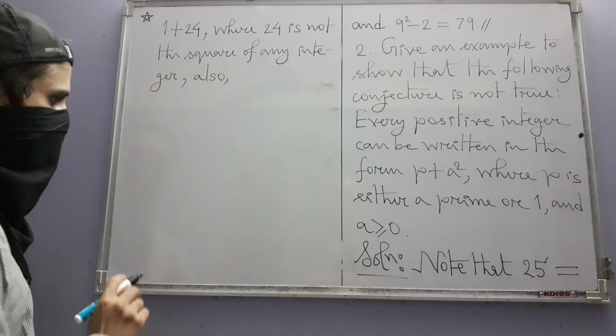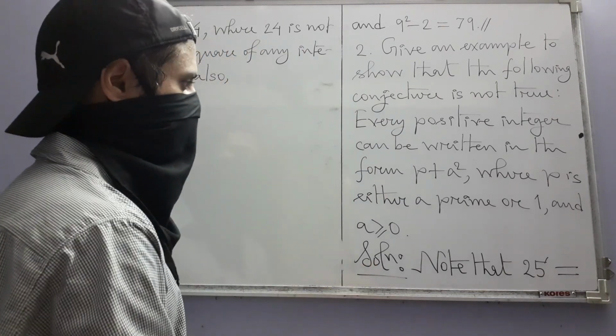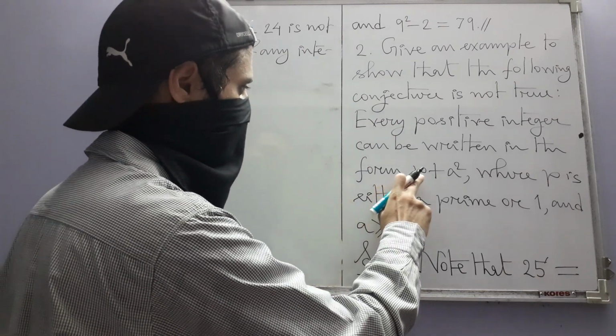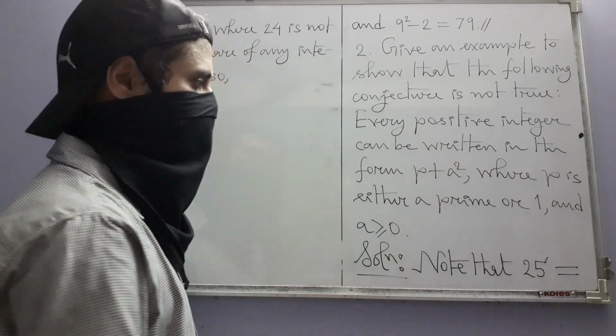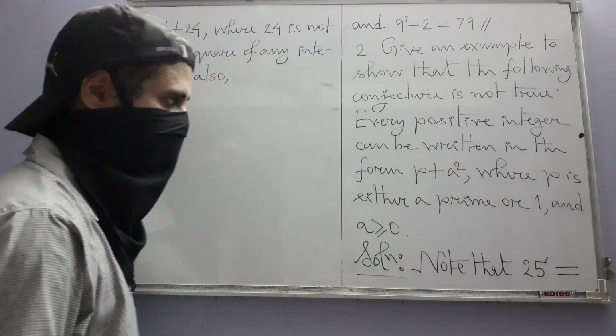So that is not possible. So we cannot write 25 as 1 plus something square. What about the other possibilities?